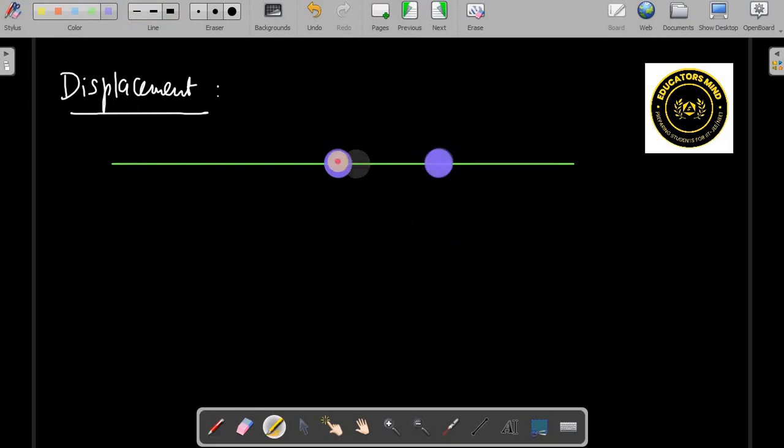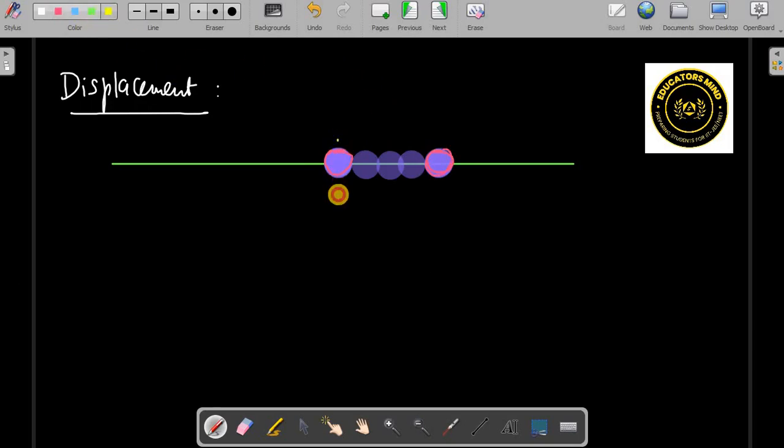It may be displacing gradually, first here, then here, then here. So let's say this is the initial position of the body, and this is the final position of the body. So over an interval of time it has moved.